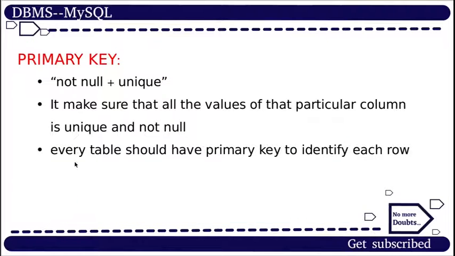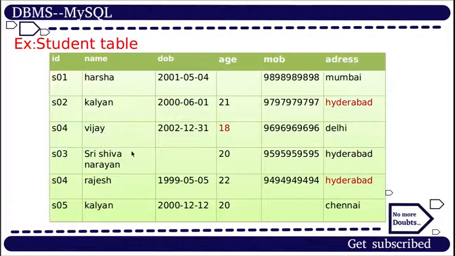Every table should have a primary key, and that primary key will allow us to retrieve any kind of data; we can uniquely identify any row. The primary key is not just to uniquely identify that particular column, it helps to uniquely identify the entire row.